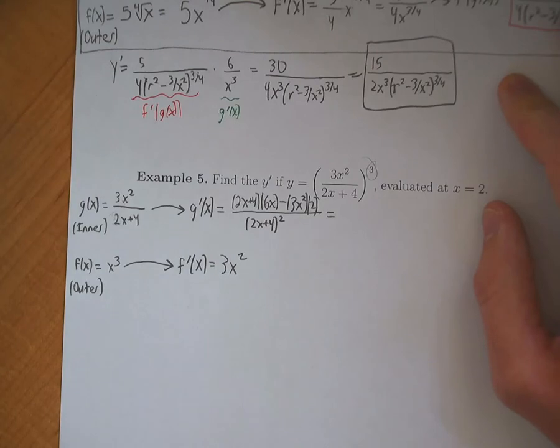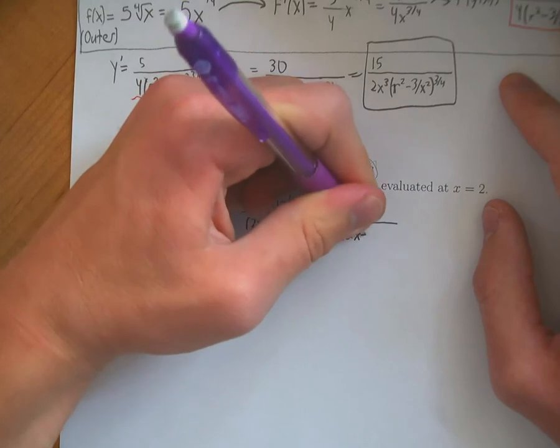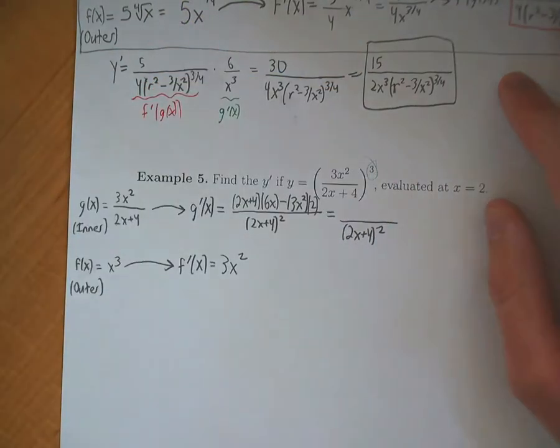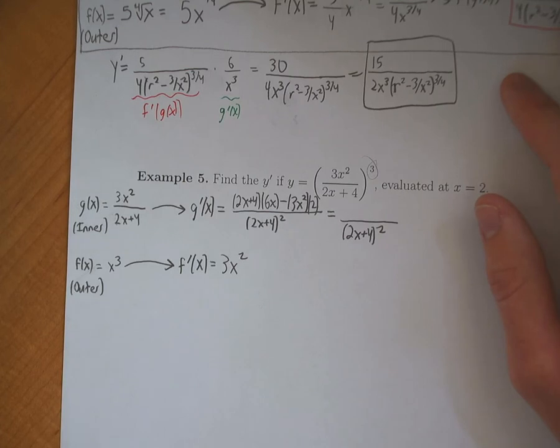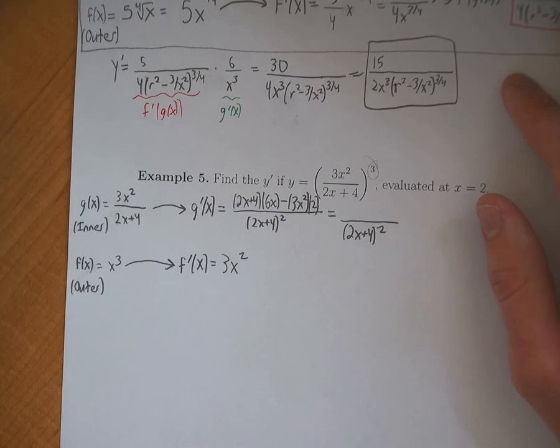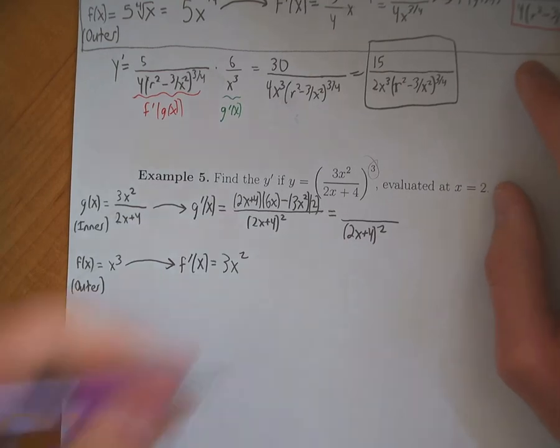If we condense everything down and simplify, we would have 2x plus 4 quantity squared, but then what would be on the numerator? Go ahead. 6x squared plus 24x.